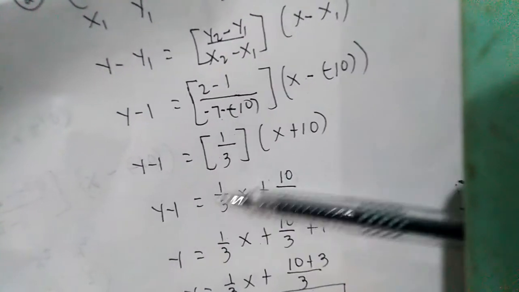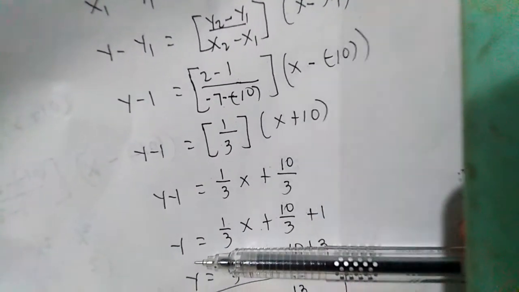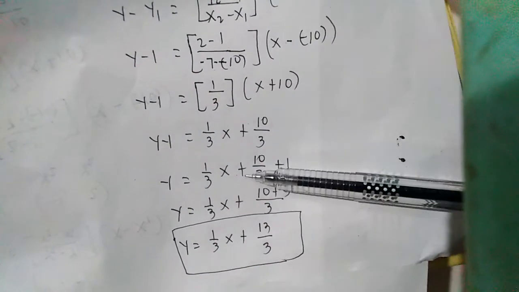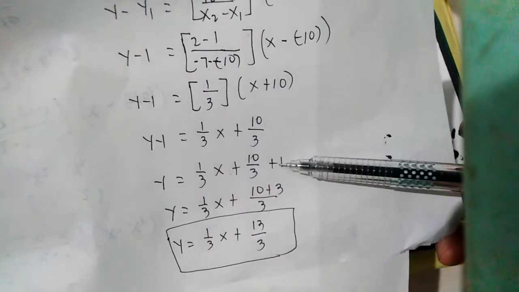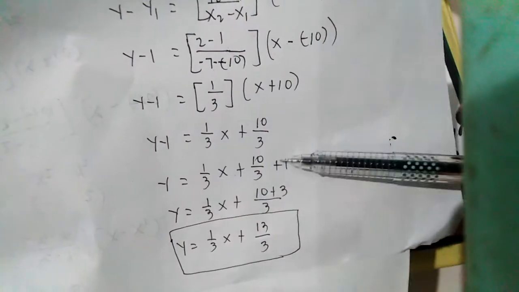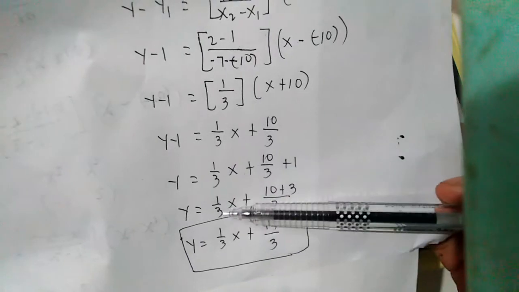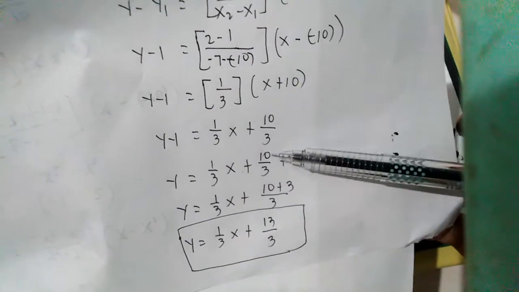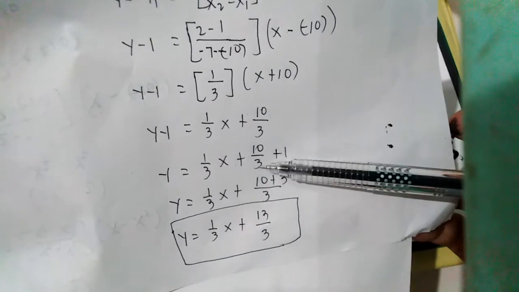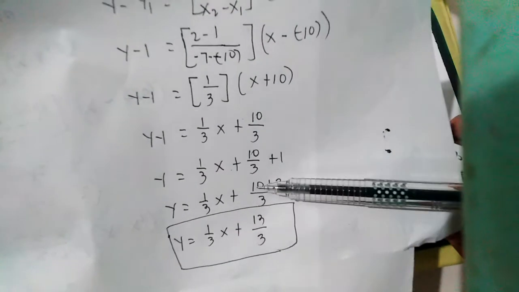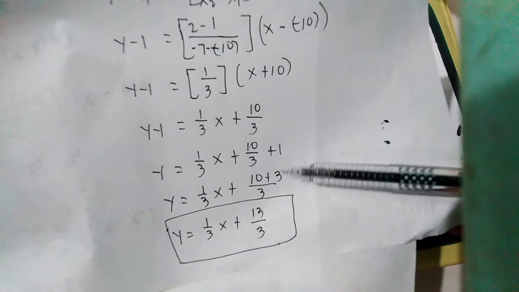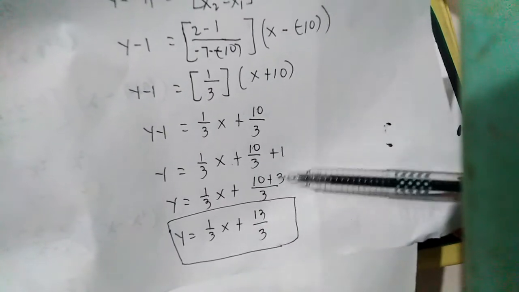Then transpose the number. So we have now y equals 1/3 x plus 10 over 3 plus 1. Plus 1 because that is negative here, so it becomes positive. Then y equals 1/3 x plus, 10 over 3 plus 1. The LCD is 3, so 3 divided by 3 is 1, times 10 is 10, and 3 divided by 1 is 3, times 1 is 3.